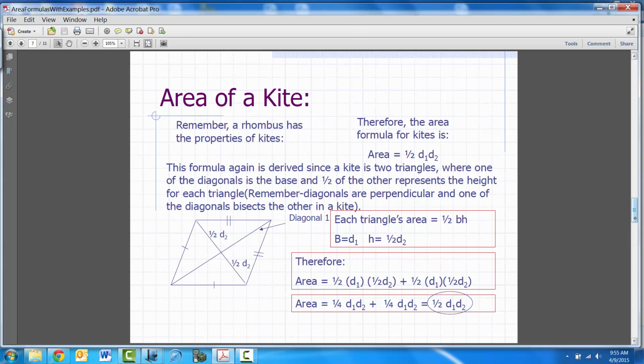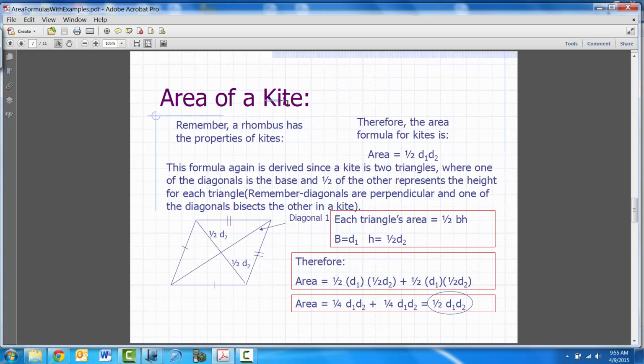All right, area of a kite. Holy crow, this looks all the same because it kind of is. What I did is I cheated a little bit. I should have made this more kite-ish looking, but what I did is I made this 2 marks, 2 marks, 1 mark, 1 mark, so I didn't make it a rhombus anymore. But what you need to know about the diagonals is one of the diagonals is bisected by the other diagonal, and they are perpendicular to each other.